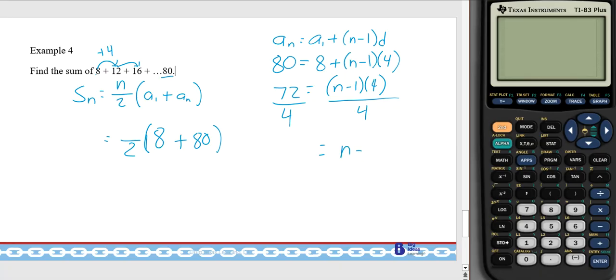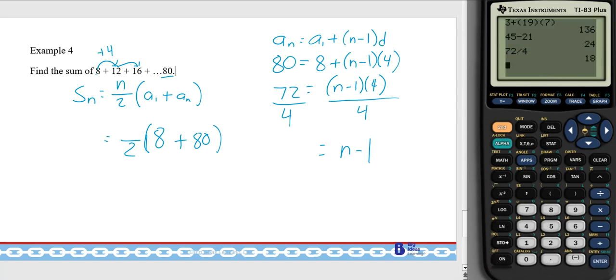Leaves me with n minus 1 on the right side. 72 divided by 4 would be 18. Right? And then I would add the 1 to both sides. So I get n equals 19.